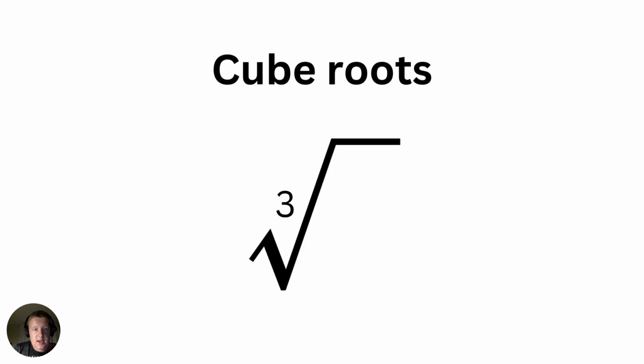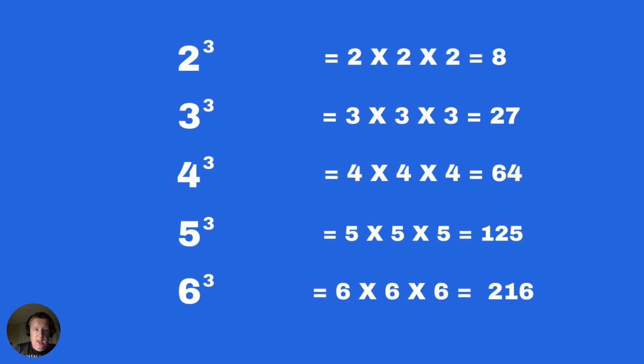So next, we're going to talk about the cube roots now. Remember, in exponents, 2 to the power of 3 equals 2 times 2 times 2 equals 8. 3 to the power of 3 equals 3 times 3 times 3 equals 27. And 4 to the power of 3 equals 4 times 4 times 4 equals 64, and so on.